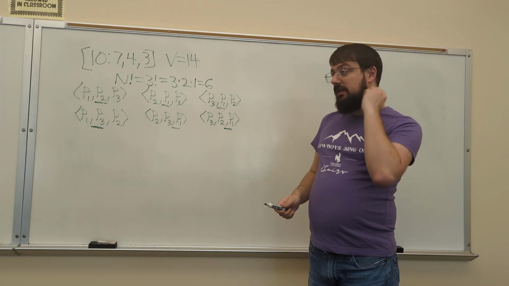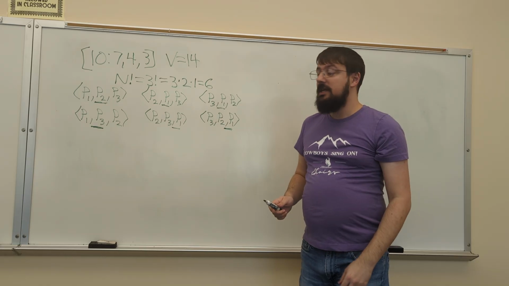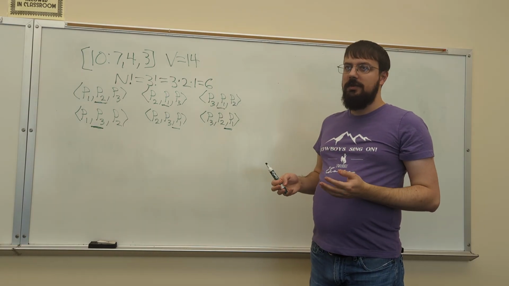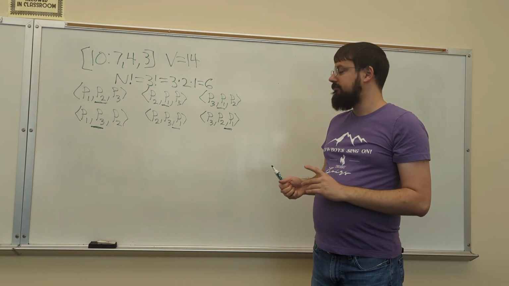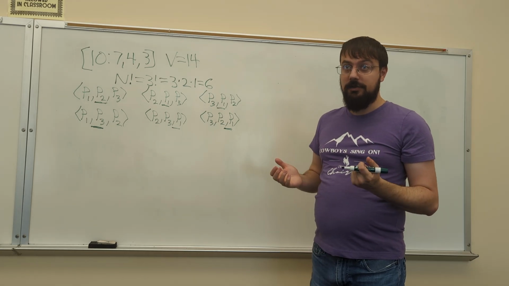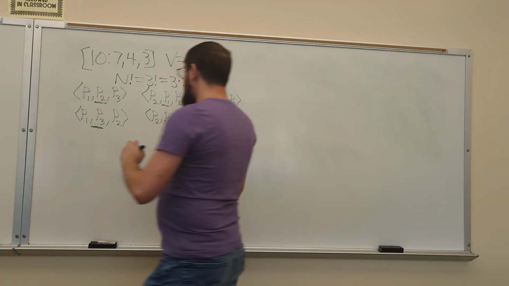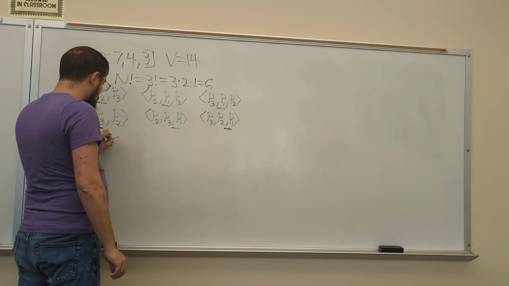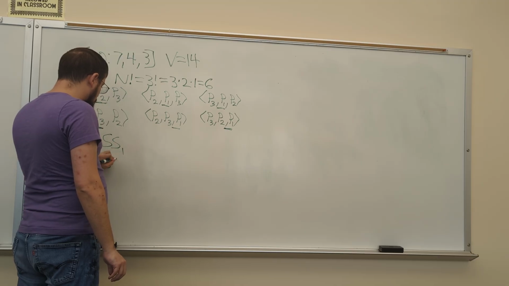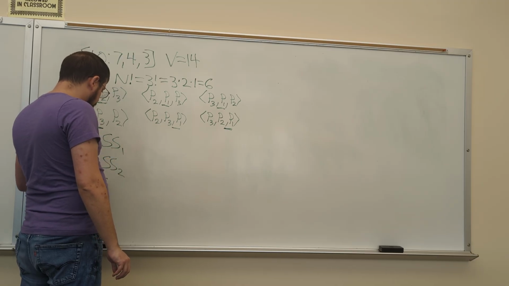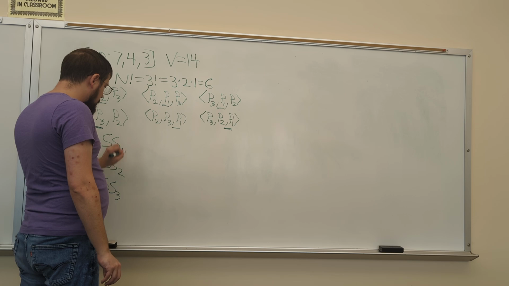So at this point, we're going to count up how many times each of our players is a pivotal player, and we call this the pivotal count. We abbreviate this SS, so we'll write SS1, SS2, SS3.